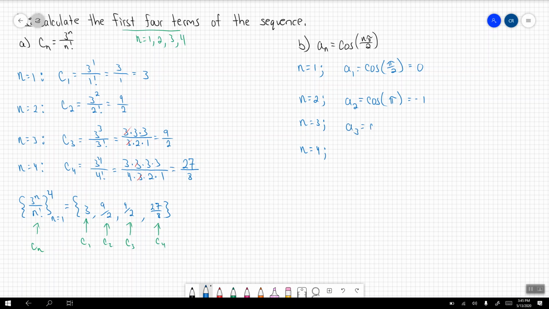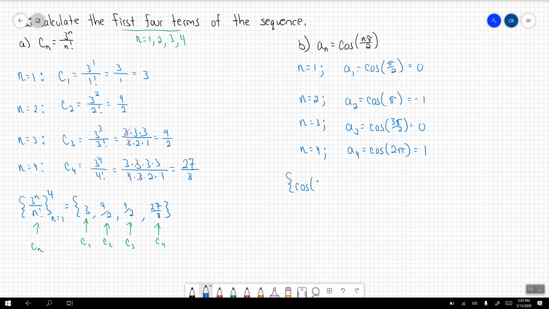A sub 3, this is going to be cosine at 3 pi halves. Cosine at 3 pi halves, that should get us 0. And then finally, a sub 4, this is going to be cosine at 4 pi divided by 2, in other words, 2 pi. So cosine at 2 pi should just get us a 1. Now, what does this sequence look like when we put it into notation form?